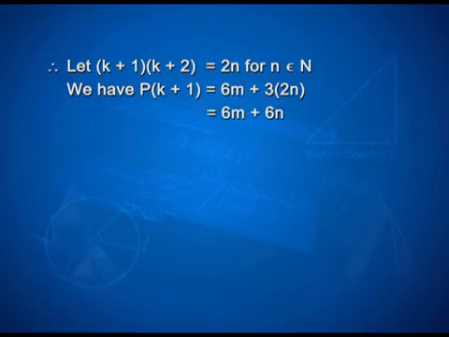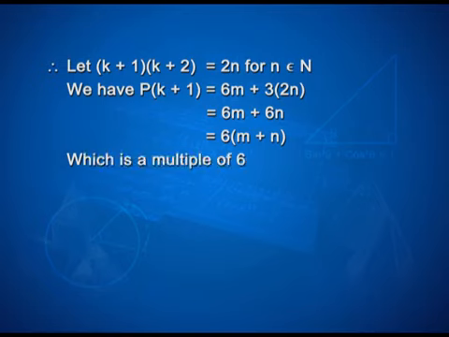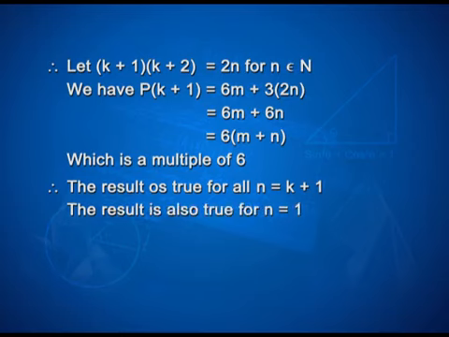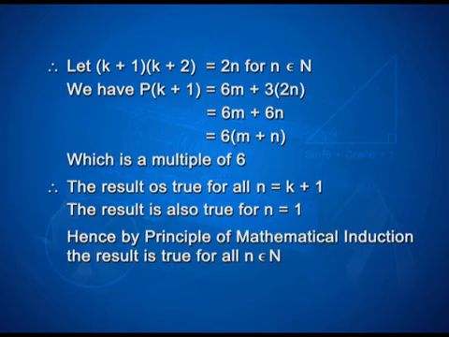This gives us 6m plus 6n. Taking 6 common, we get 6 into m plus n, which is clearly a multiple of 6. Therefore, the result is true for n is equal to k plus 1. The result is also true for n is equal to 1. Hence, by principle of mathematical induction, the result is true for all n belonging to N.